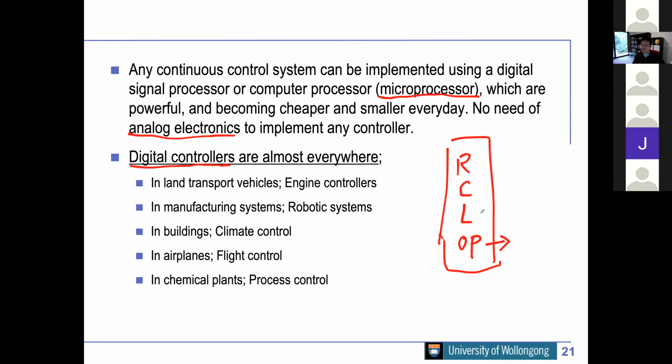But this becomes very chunky, takes a lot of space, and the main problem is you can't really make any design changes once it's done, because physically all these components are connected to each other. With a digital controller, the benefit is obvious because your control theory is a piece of program. You can very easily change the program without touching any hardware.